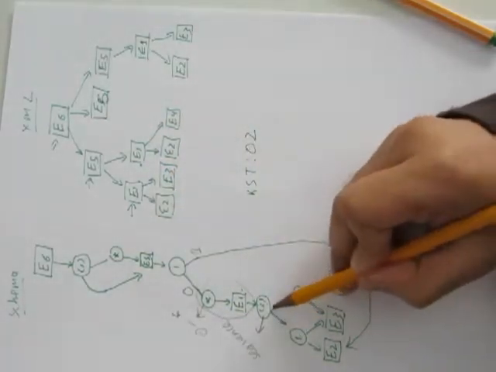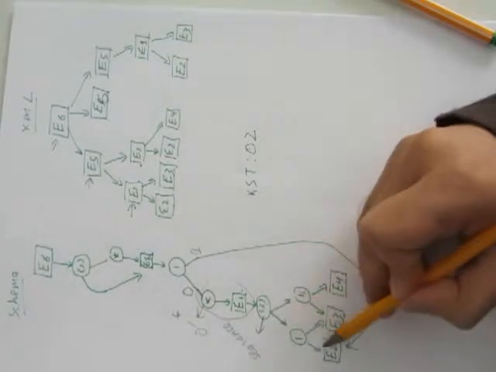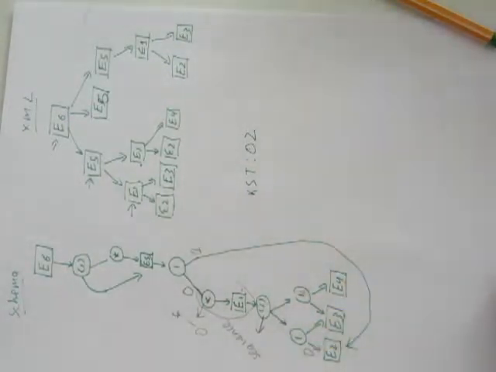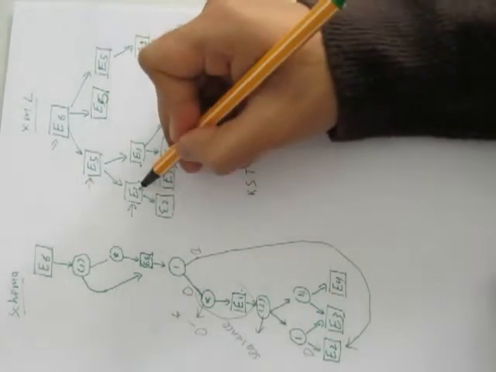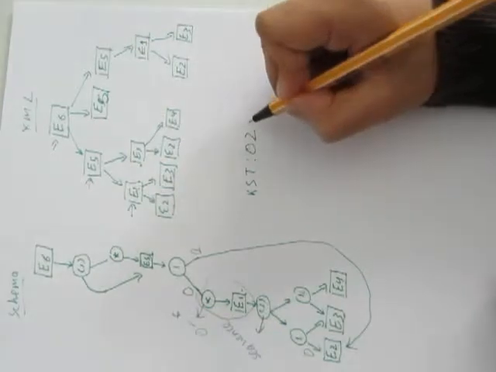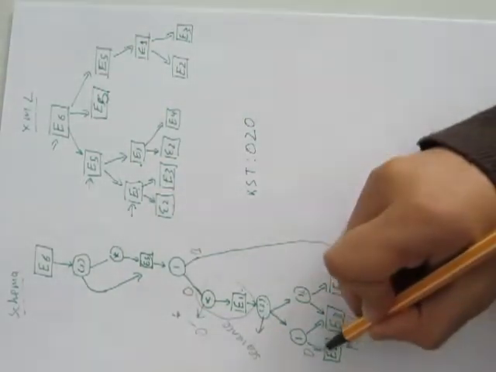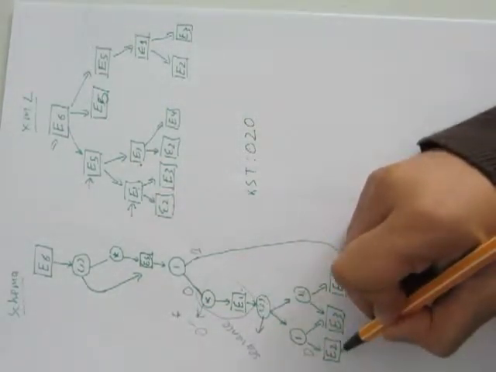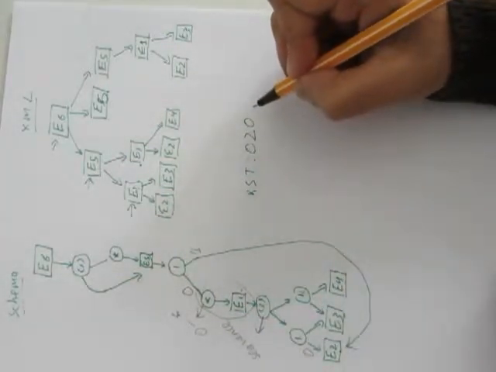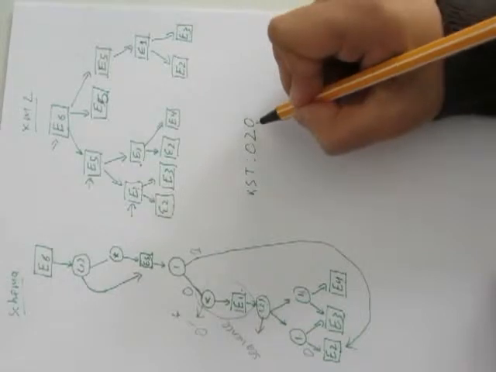We took E2, which means we went to the 0 edge. E1 has two children, that's for sure, and we took E2, so we went to left, which means 0.